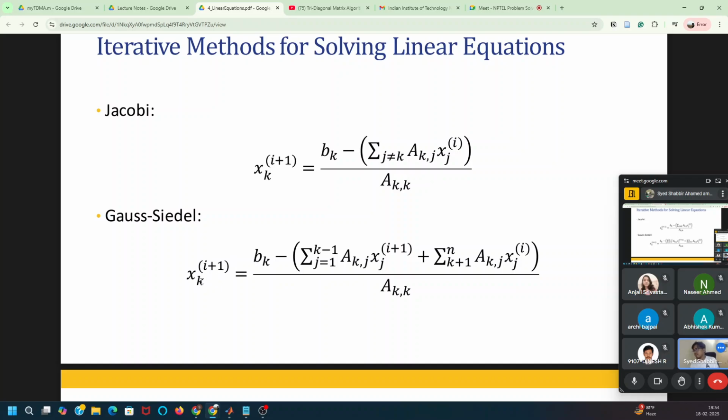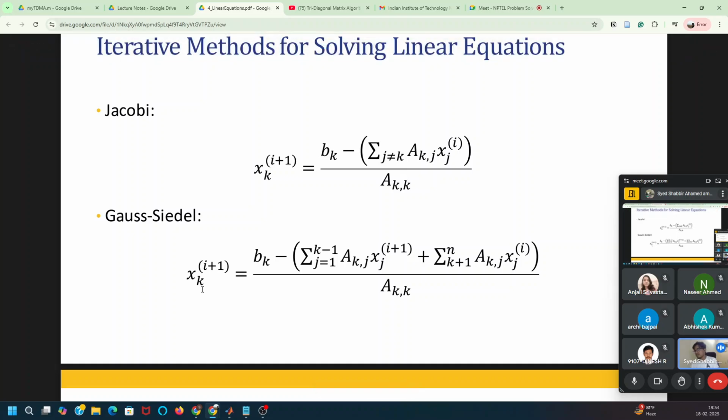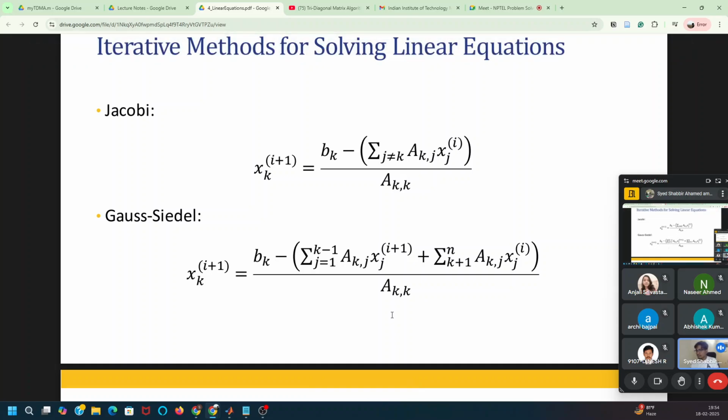After I find x1, in the next step, when I find x2, I'll also use this x1, which I have found in this iteration only, in my calculation. It becomes more efficient.